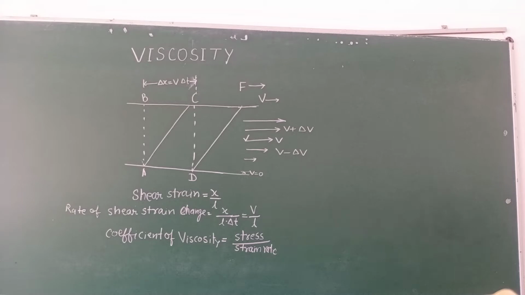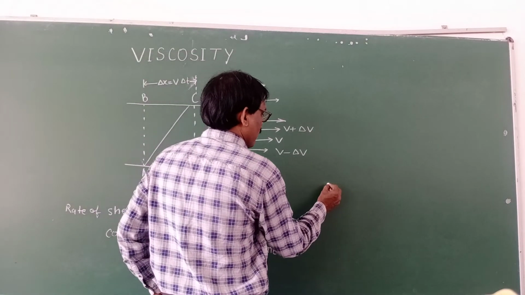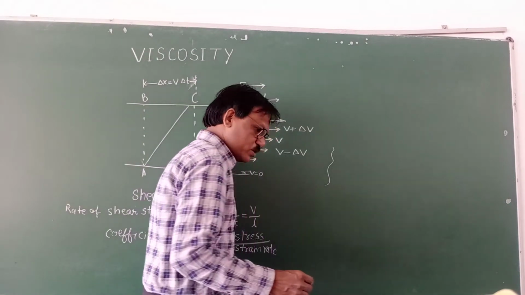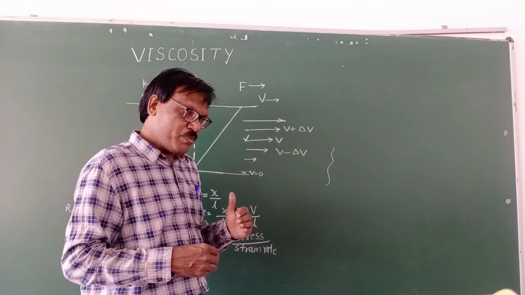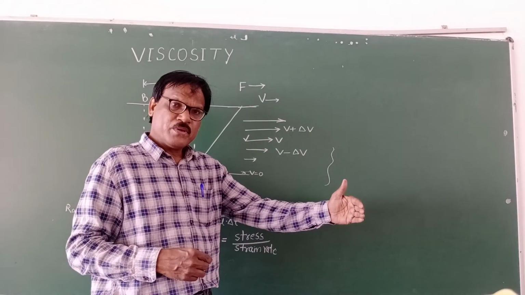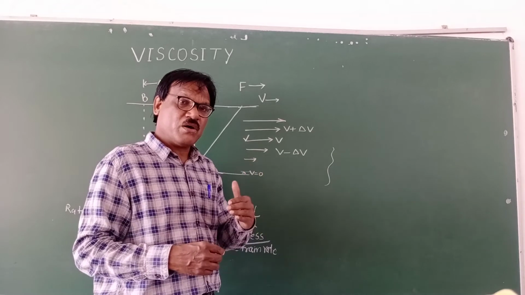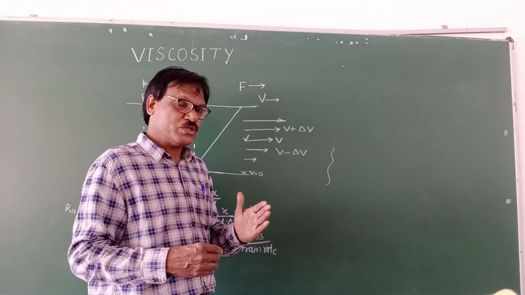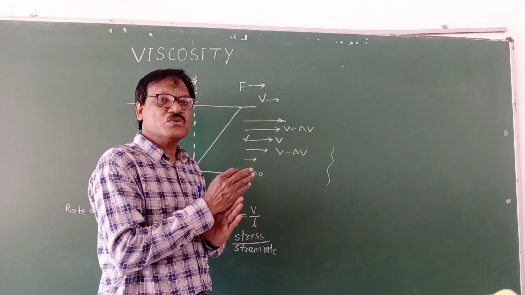But have you observed any liquid which falls down on the floor and continues to move from one room to another room? Water is flowing, but it will go and it will stop. Have you found any liquid which moves continuously?